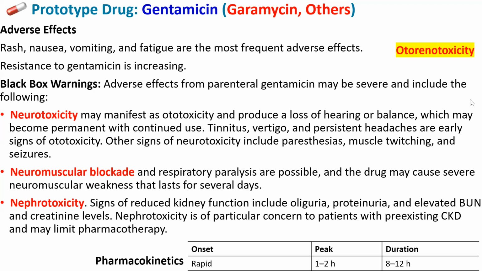Neurotoxicity may manifest as ototoxicity and produce a loss of hearing or balance, which may become permanent with continued use. Long-term use of gentamicin may result in permanent hearing loss, tinnitus, vertigo, persistent headaches, or other early signs of ototoxicity.